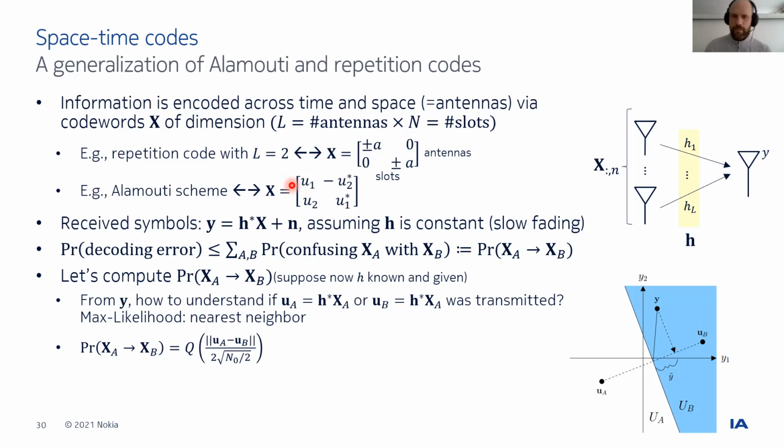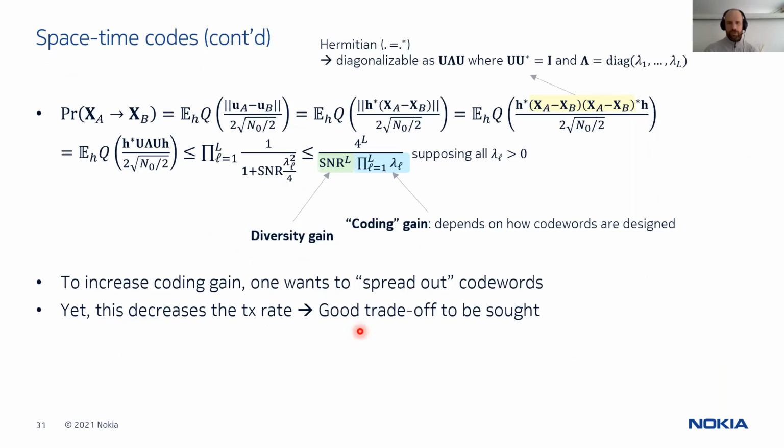Well, it's a little bit more involved than before, so this is why I'm skipping a lot of details. But all in all, this probability of confusing one code word with another one can be bounded by something that has SNR to the power of L at the denominator, just like before.